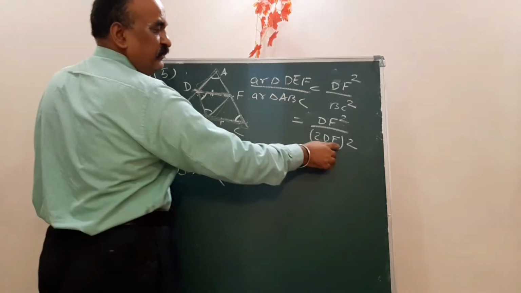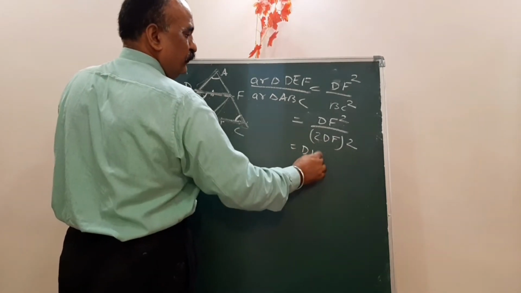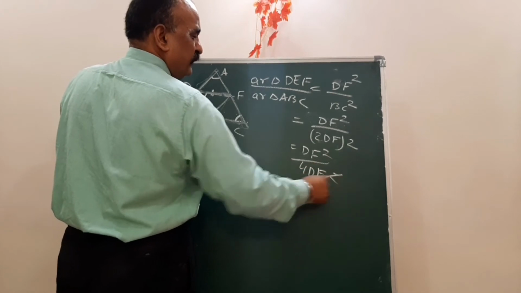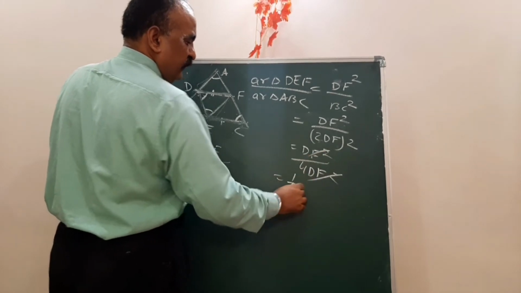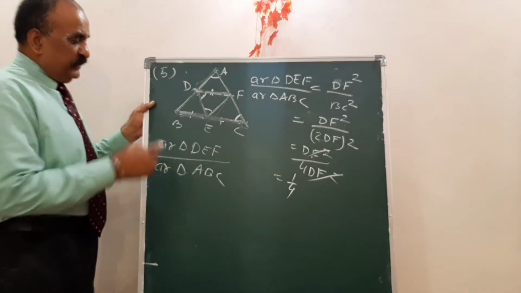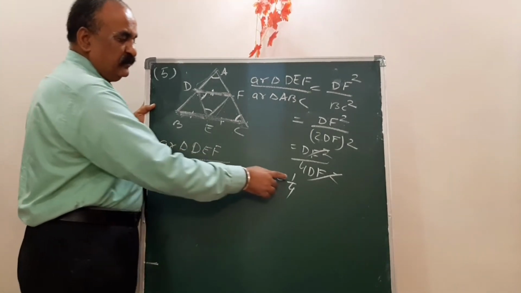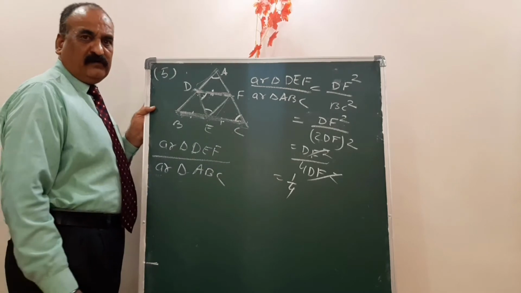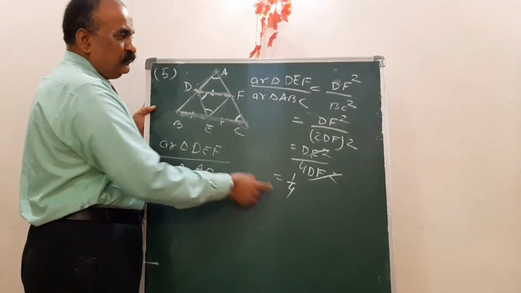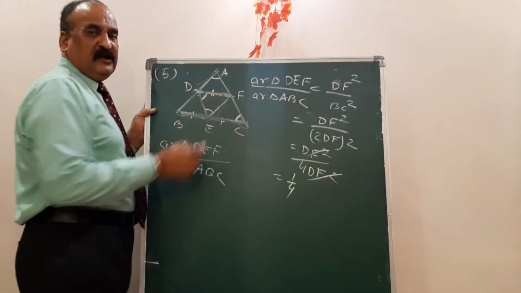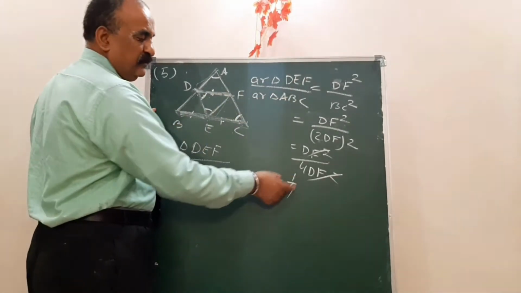So you can write 2DF whole square. So you can write here DF square upon 4DF square. DF square cancel. So answer is 1 upon 4. It means the ratio of area of triangle DEF upon area of triangle ABC is equal to 1 upon 4. This you wanted to prove or you wanted to get. The ratio of the area of triangle DEF upon area of triangle ABC will be 1 by 4.